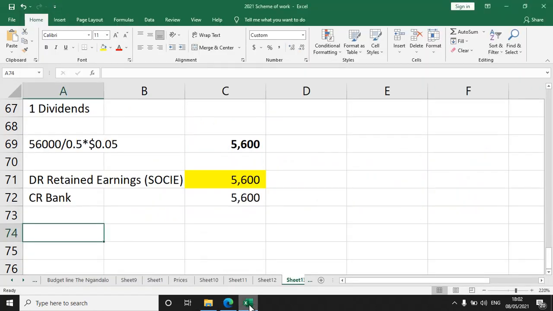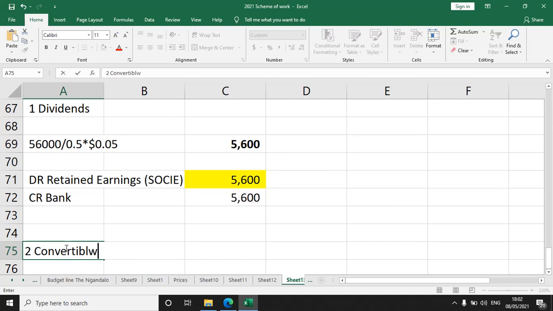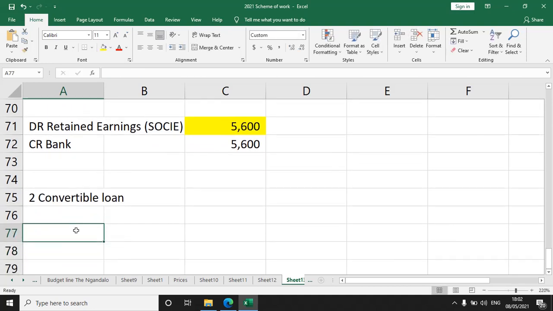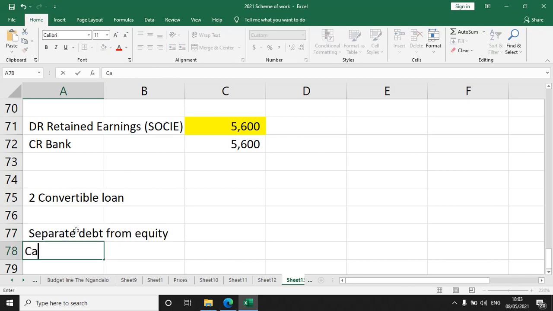So write note 2, convertible loan. The key issue here is to separate debt from equity, and then the other thing is to calculate.